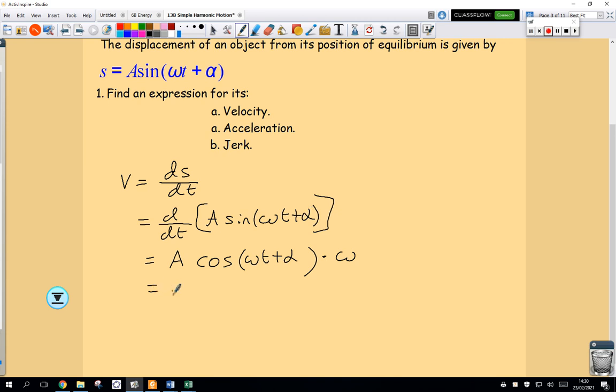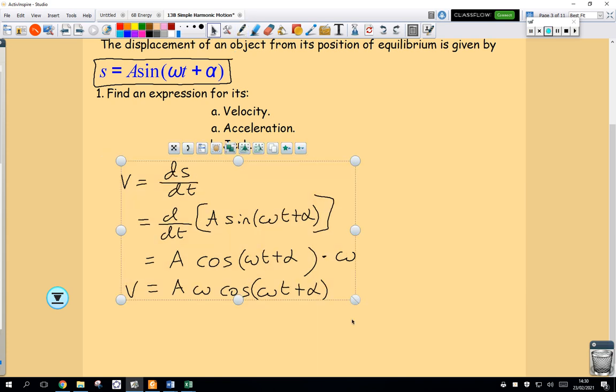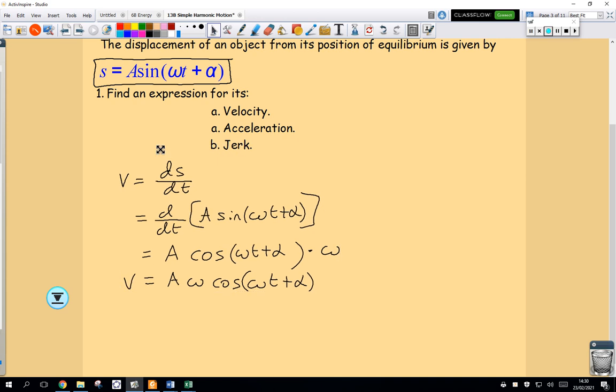So we're getting a times omega, constants, times cosine of omega t plus alpha. That's an expression for the velocity of this object that's moving with simple harmonic motion and whose displacement is being described by this function. So that's my expression for velocity. I'm just going to move that over to the side here.